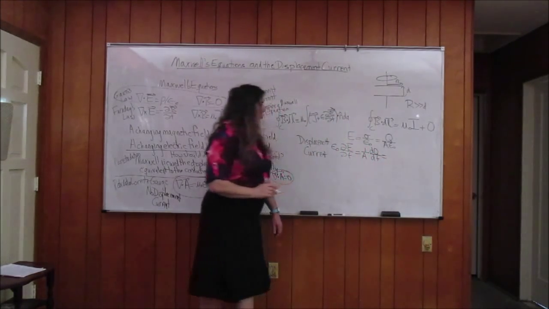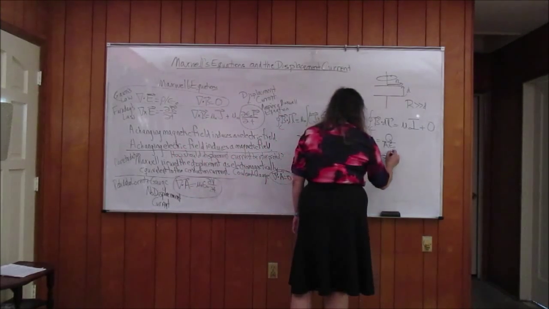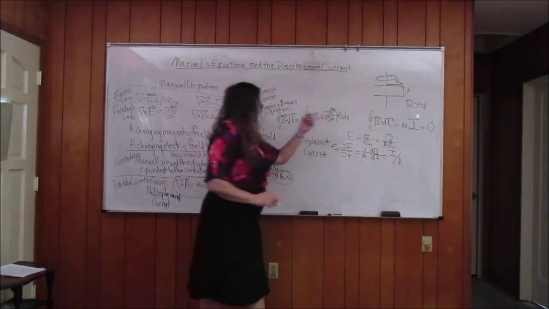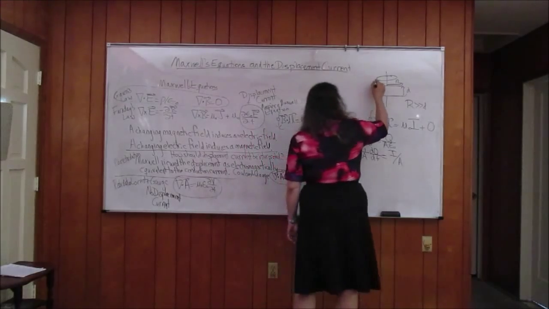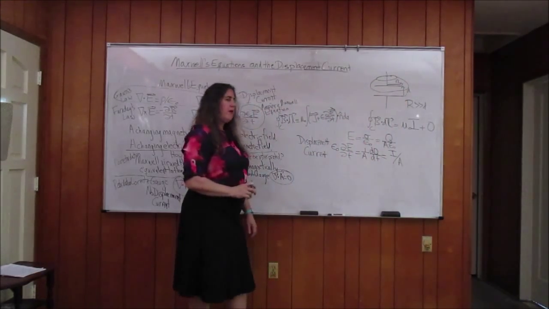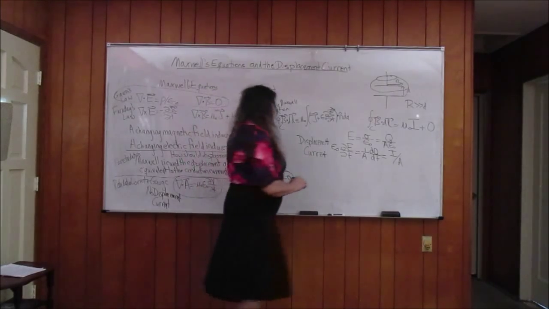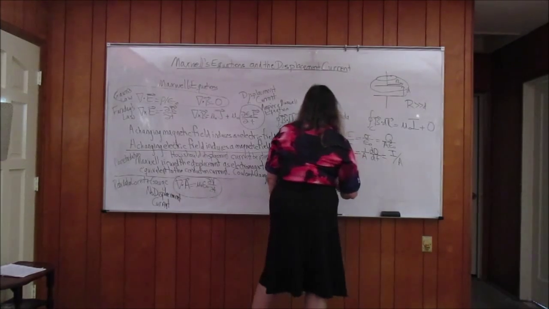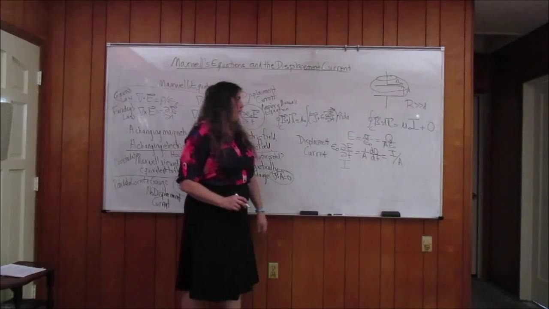That's just equal to A times the derivative of Q with respect to time, and that's just equal to the current. If I integrate this term over the surface of this balloon, if you will, then I'm just going to wind up with I for the contribution from the displacement current.